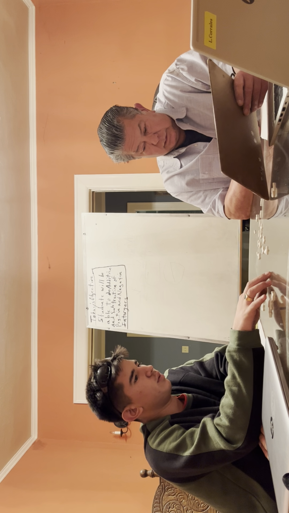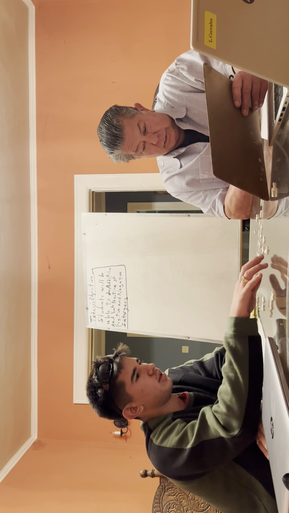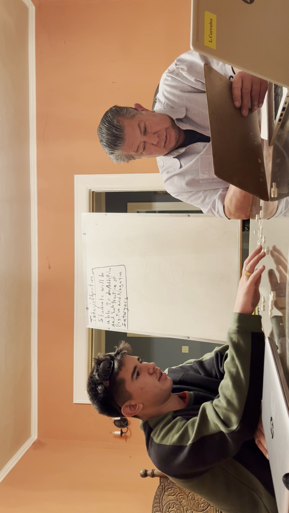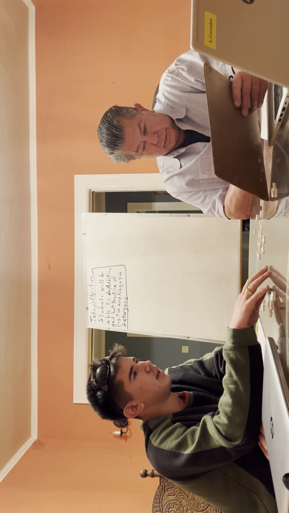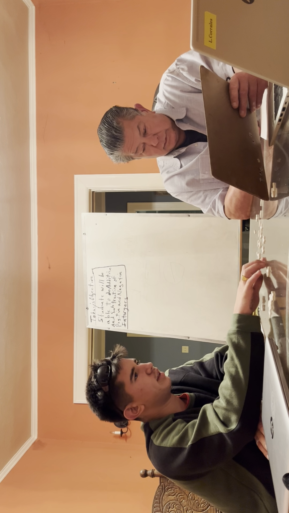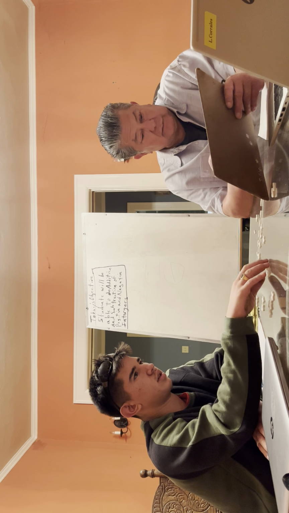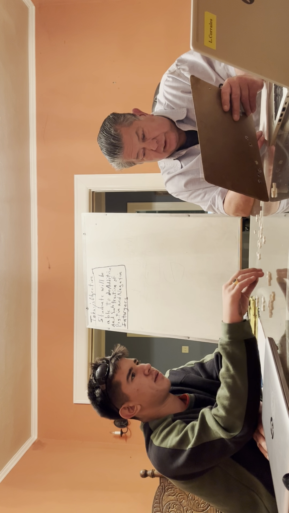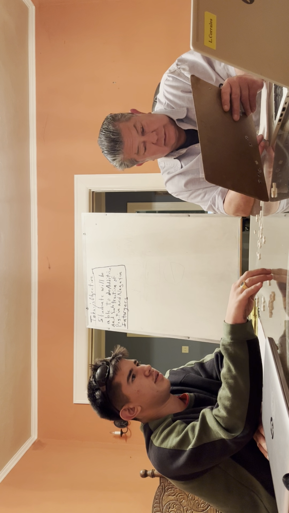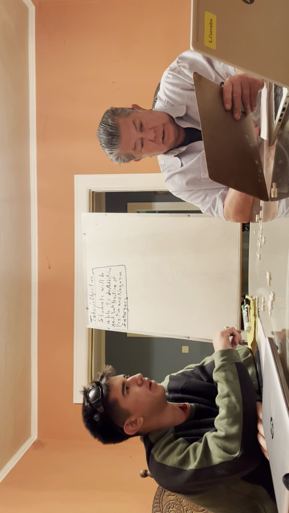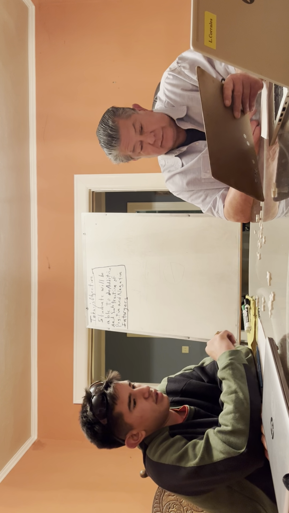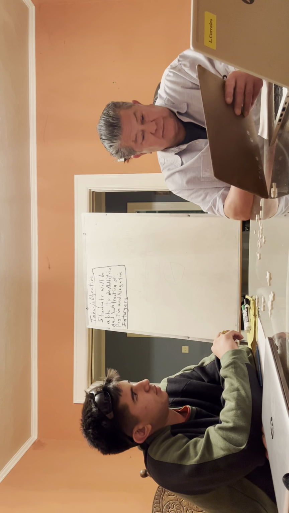So then we would remove this, and how would we remove this? Well, you're going to remove 2 positives and 1 negative. That leaves you with 1 positive, right? Yes, Mr. Carlson. All right, let's try another one.